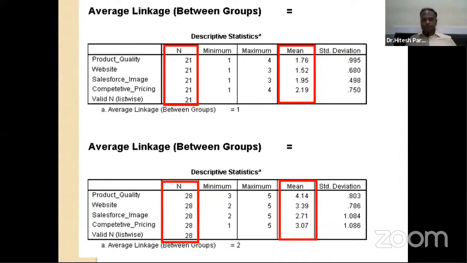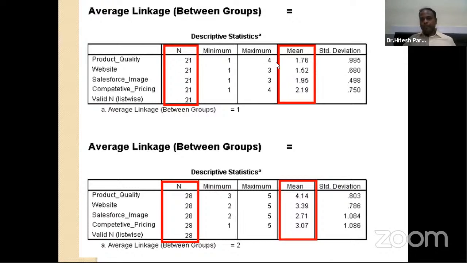Just observe. For cluster number 1, there are 21 variables. Sorry, 21 respondents. For cluster number 2, there are 28 respondents.